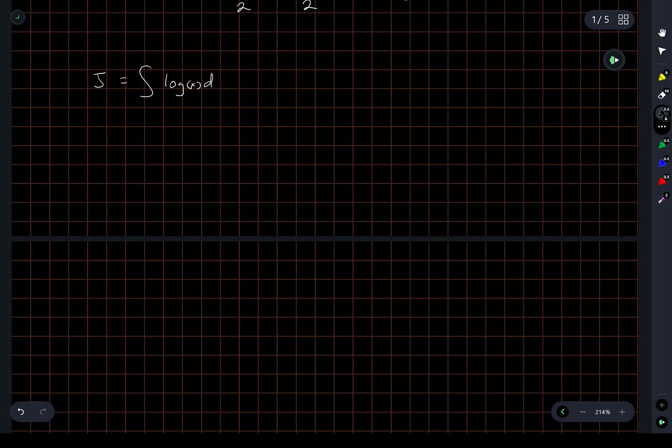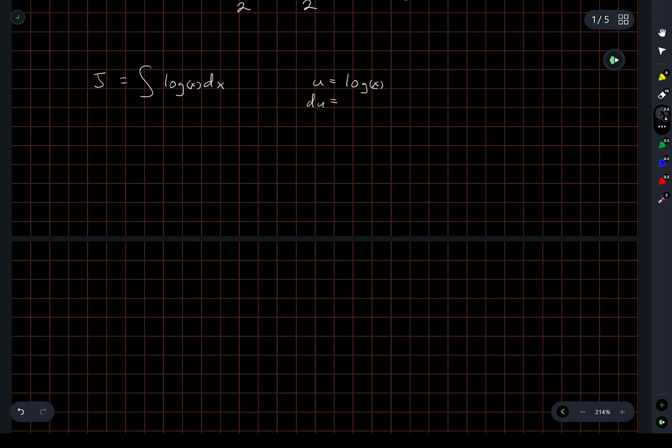So I'll say j is equal to the integral of log x. I'm going to use integration by parts again. Yeah, so I'm going to say that u is equal to log x.